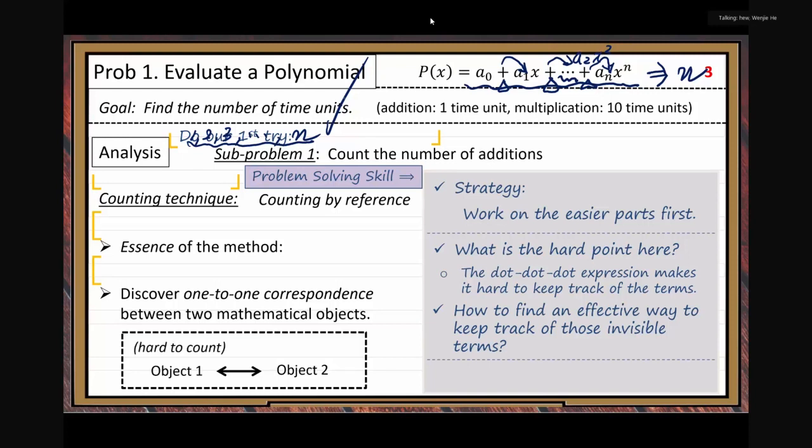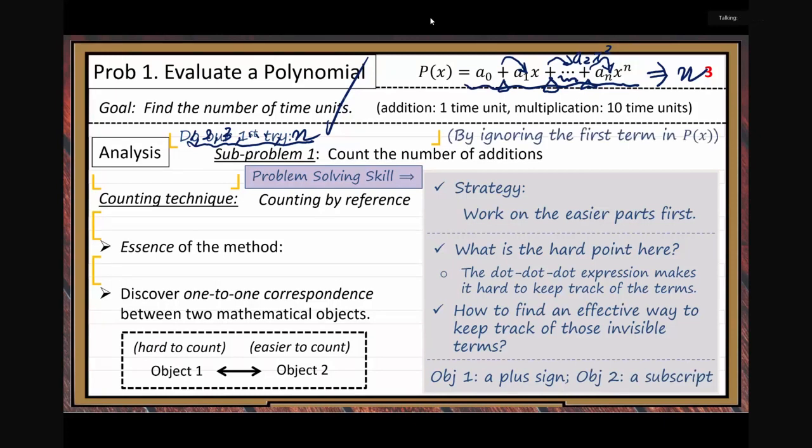But then you have a one-to-one correspondence between object 1 and object 2. Must be one-to-one. Object 1, plus sign, object 2 subscript. So then, after that, now you count the easier counting objects.